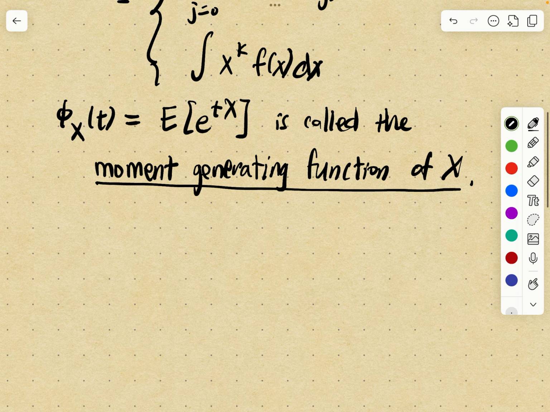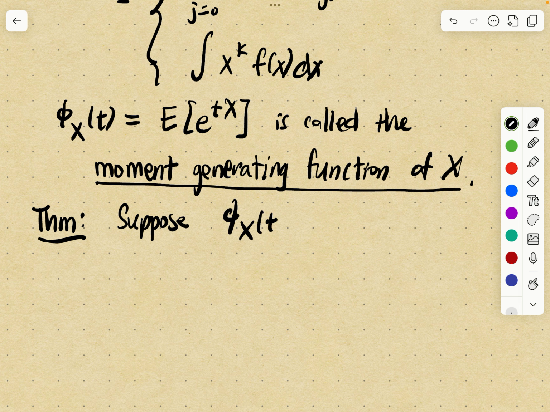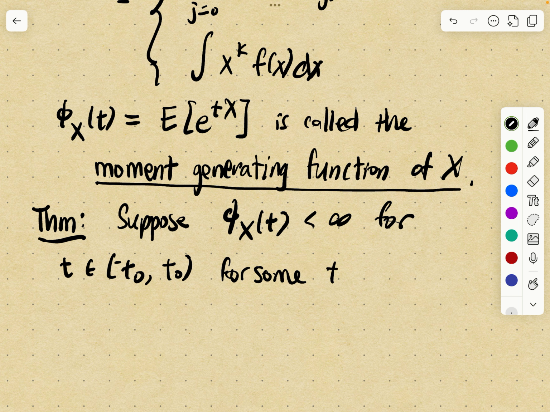The reason why it's called the moment generating function is because of this theorem. Suppose that your moment generating function, which is a function of t, is finite for t in some interval from negative t0 to t0 for some positive number t0.